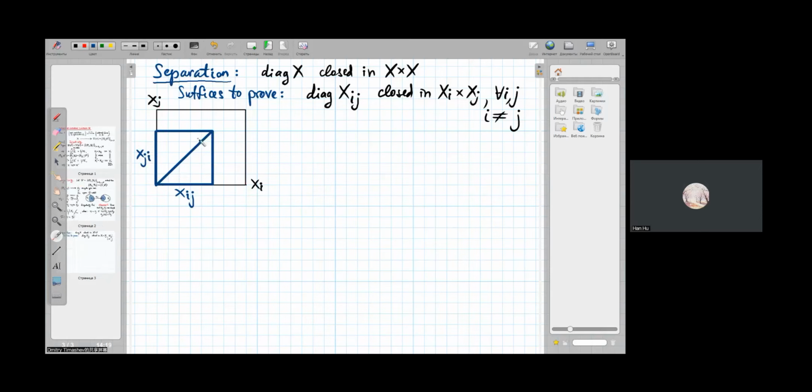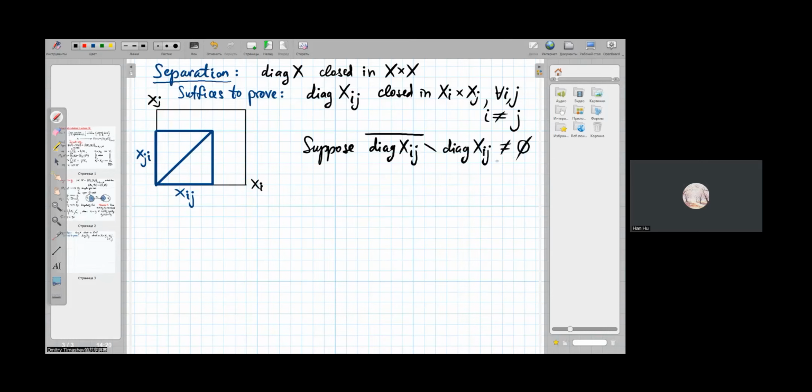Well, suppose we argue by contradiction. Suppose it is not the case. Suppose that the diagonal of Xij is not closed. So the closure of this diagonal minus the diagonal itself is non-empty.